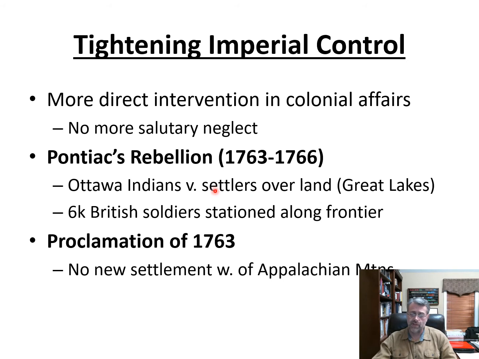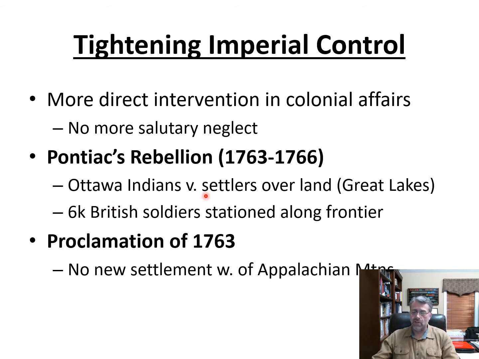And this is a pattern that will repeat itself over and over again throughout our story. This time, though, the conflict is in the Great Lakes area, and the Ottawa Indians, led by a chief named Pontiac, are going to start pushing back against British settlers in this area.